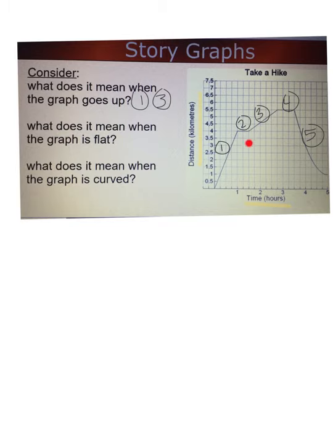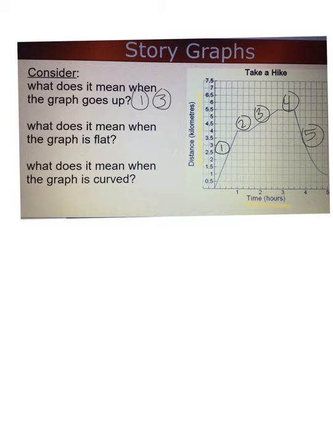So from 1.5 hours all the way up until almost 3 hours, this is another positive linear function. So they are hiking again at a steady speed. This is not as steep of a line as this first section, so I do know that they're hiking at a slower speed than before, but it's still increasing at the exact same amount every time, so it's still steady.